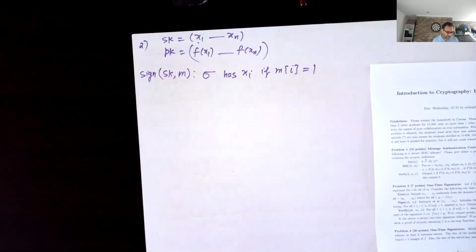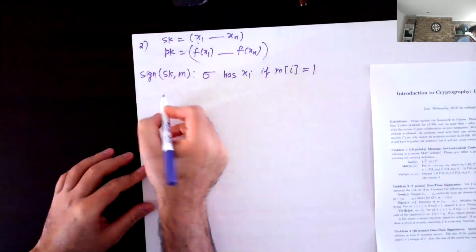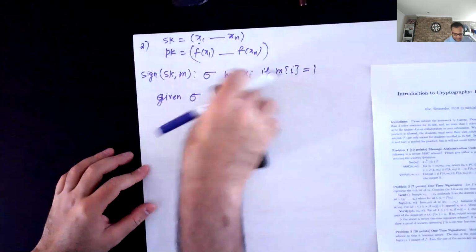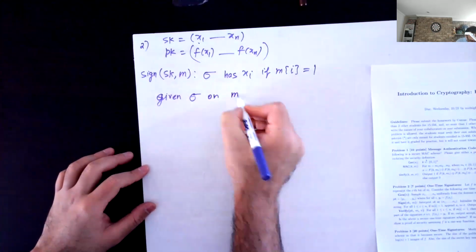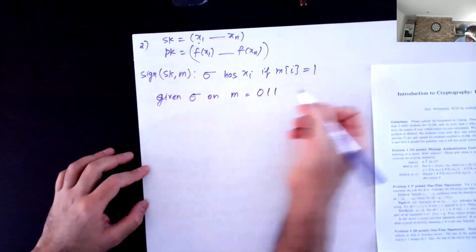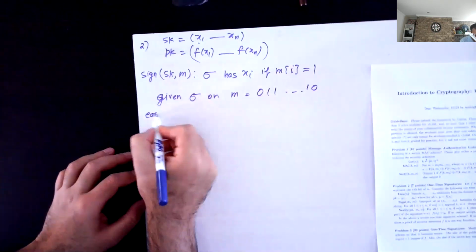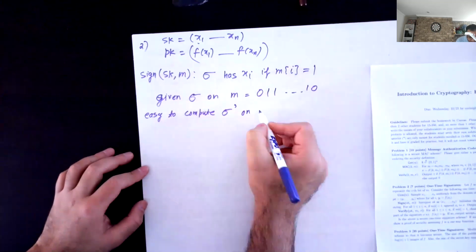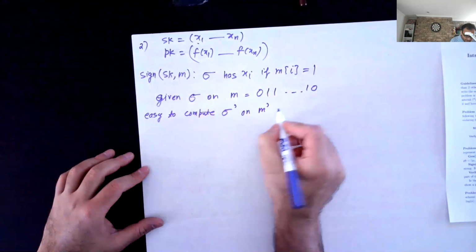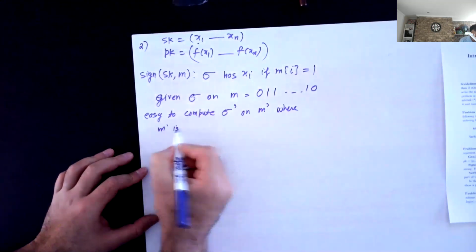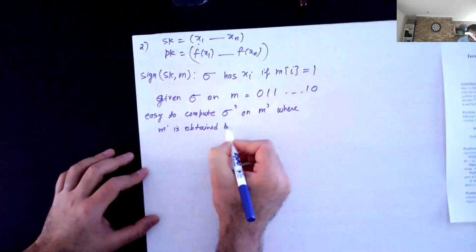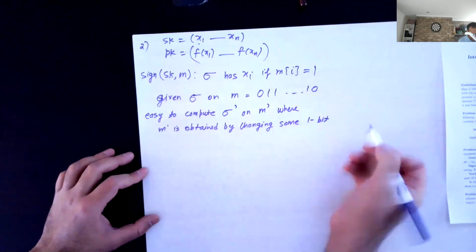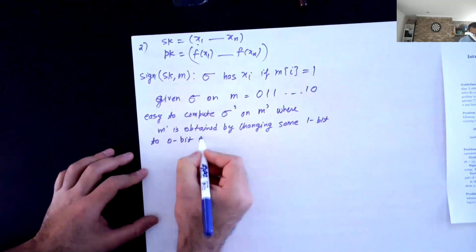Okay. Going further, in fact, given a signature sigma on some message m, let's say the message is 0 1 1 1 0, it's easy to compute sigma prime on any message m prime where m prime is obtained by changing some 1 bit to 0 bit in m.